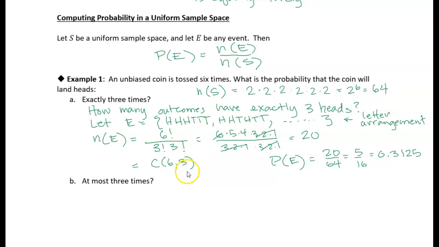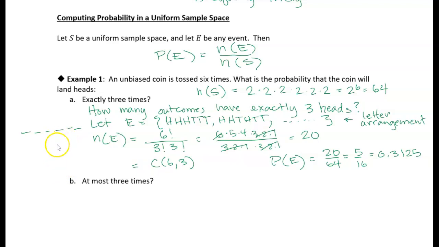So you could think about it in terms of you've got 6 different letters that you've got to arrange, or you've got to fill with H's or T's, and you want to choose 3 of them to be H's, and then the rest are just automatically going to be T's.